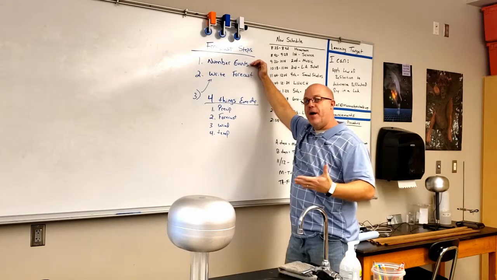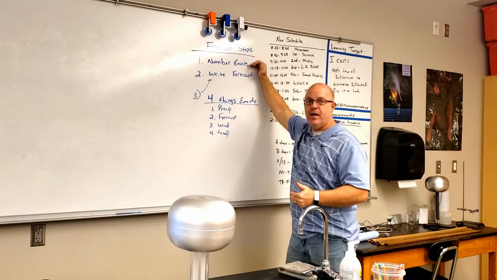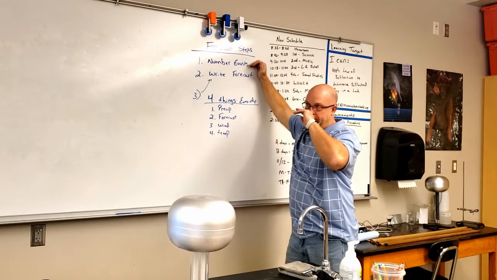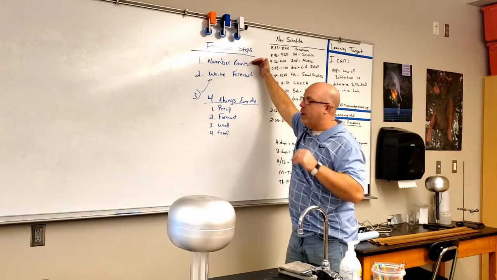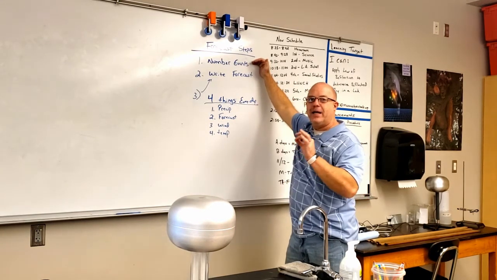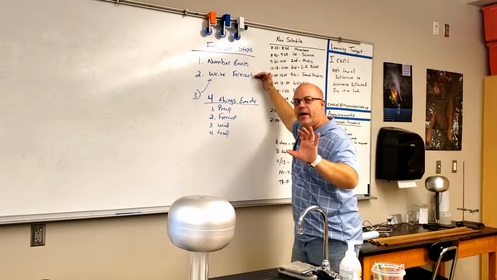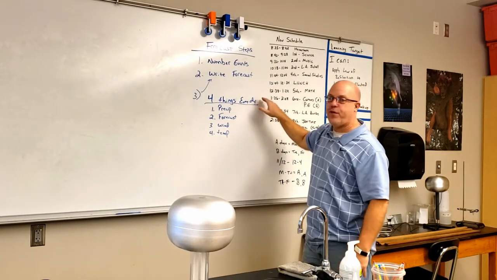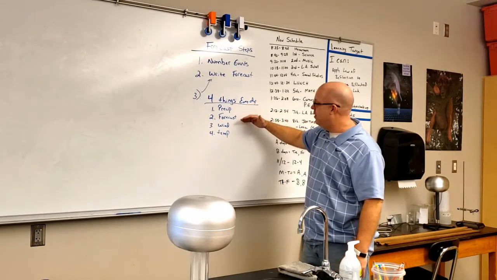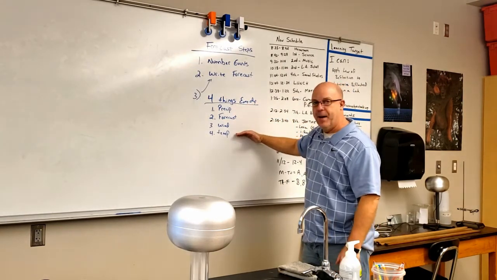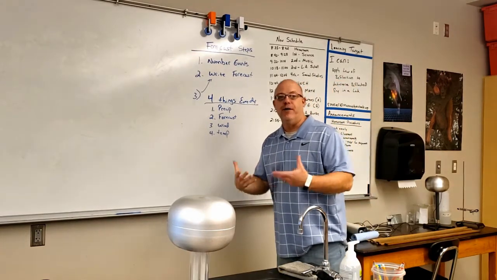You number them in the order that you think they're going to happen. And we'll show you that in the steps. I just want to explain this. So you number the events first. Once you've numbered the events, you go back to each number and you write the forecast. And to write a forecast, we need to have four things: precipitation, forecast, wind, and temp. Those four things have to be written down for each event.